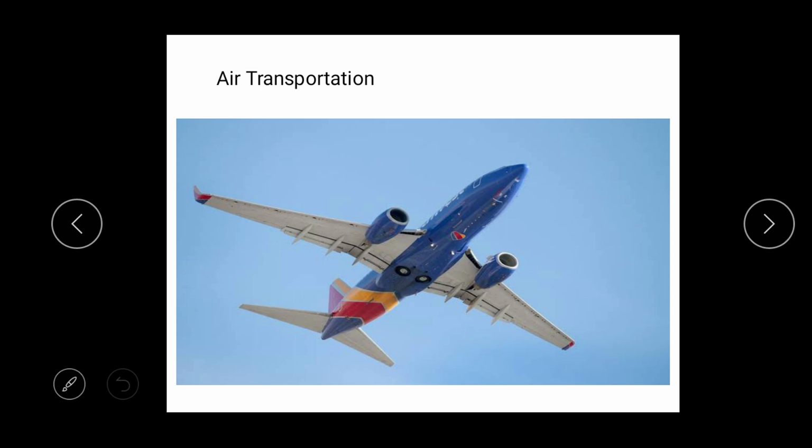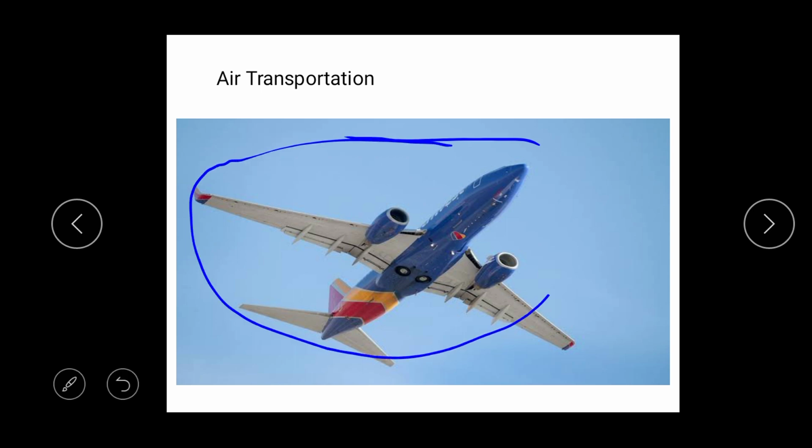Can you see the aeroplane? Wow, I love the aeroplane, so beautiful and colorful. Do you know that with an aeroplane you can get to London in 6 hours? Wow, London.